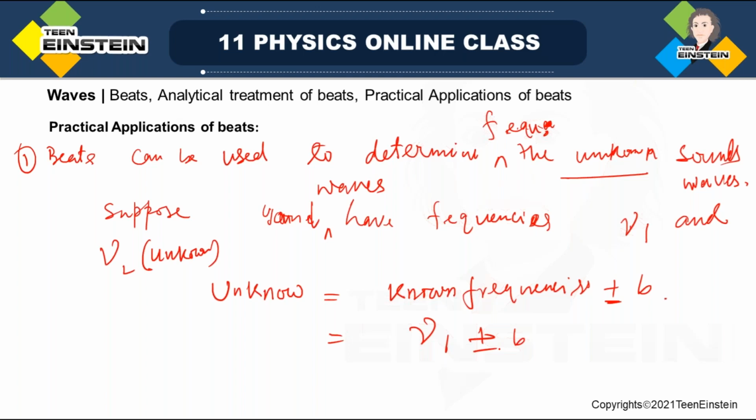Okay. If the frequency decreases, then it will be minus.